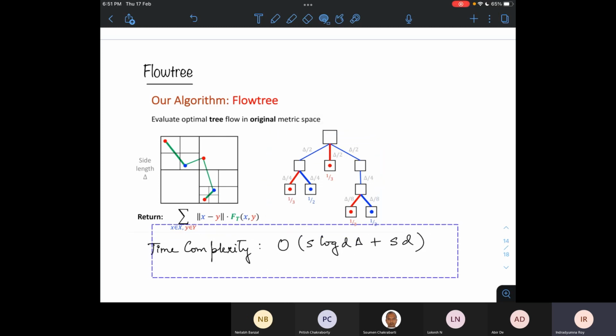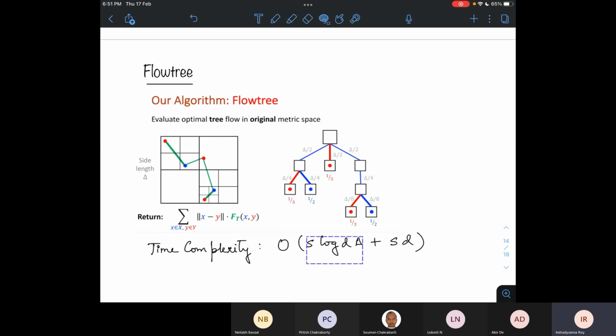So the time complexity is in fact given by this, where you have this log d delta times s, because there are s items in the leaf, and then you have d delta levels of the tree to traverse. So computing the flow takes this much time. And then since you have this x minus y distance, this Lp distance to compute in the original space, each such distance computation takes order d time.